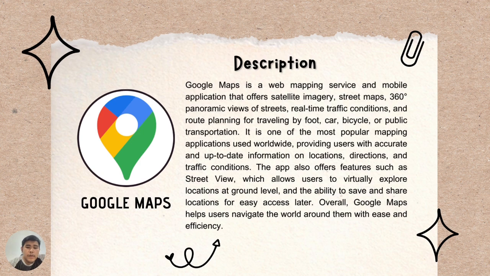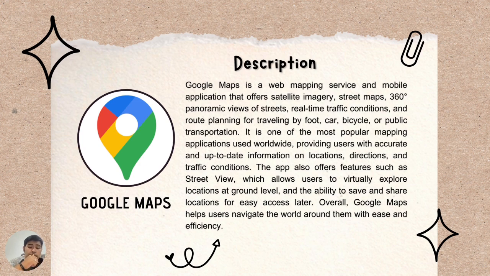Google Maps is a web mapping service and mobile application that offers satellite imagery, street maps, 360 panoramic views of streets, real-time traffic conditions, and route planning for traveling by foot, car, bicycle, and public transportation. It is one of the most popular mapping applications used worldwide, providing users with accurate and up-to-date information on location, direction, and traffic conditions.